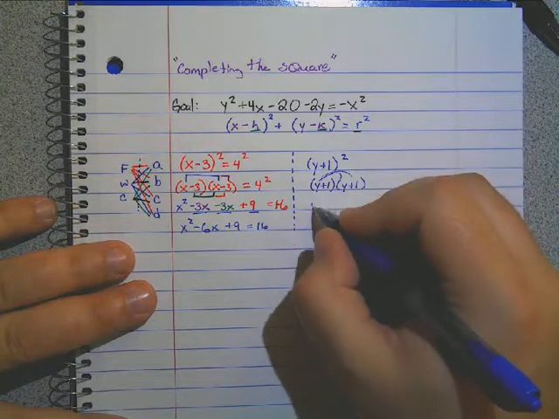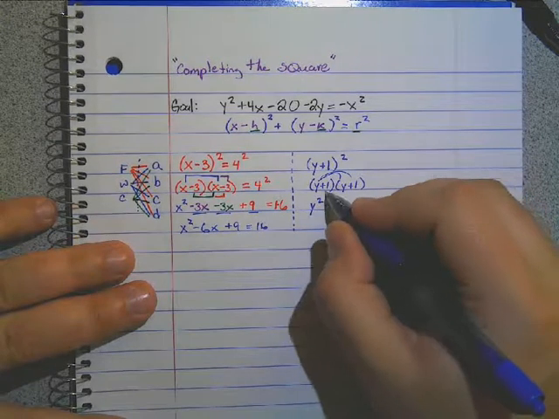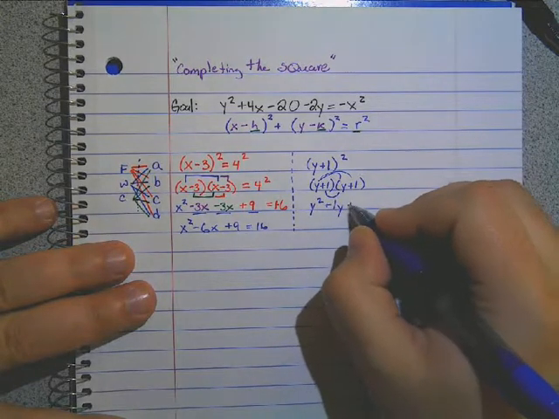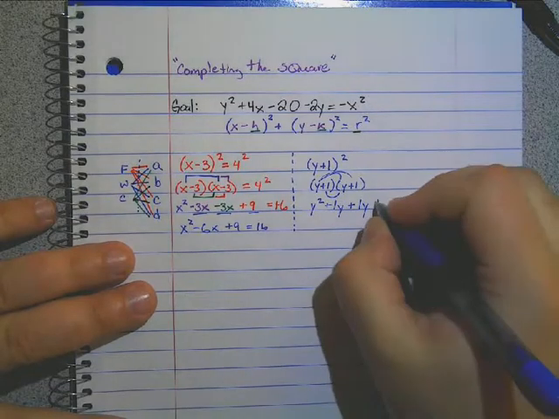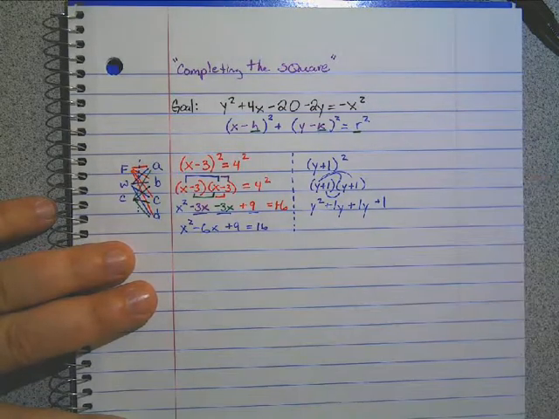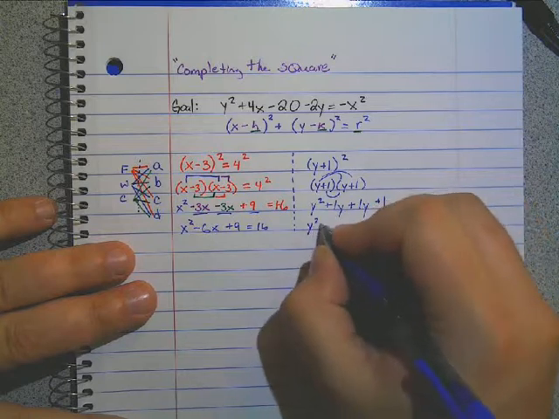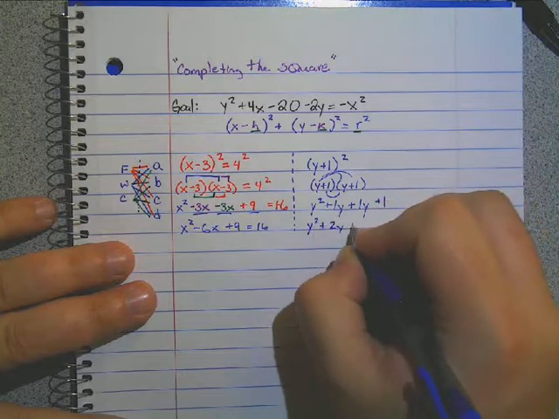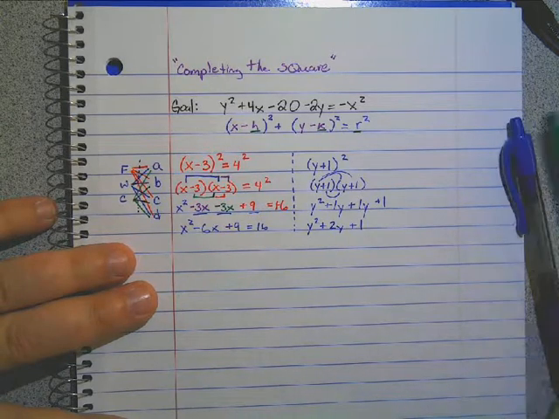And when I do my distribution, I'm going to do y times y is y squared. Y times 1 is 1y. 1 times y is 1y. And 1 times 1 is 1. So this becomes y squared plus 2y plus 1.